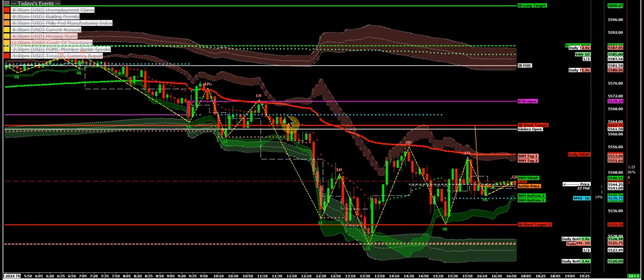We popped up here. If you didn't catch this, you caught the short right there at the 1-day VPOC. Popped up here, pinned, and then sold. And then the 90-minute VWAP right there just took off to the downside.